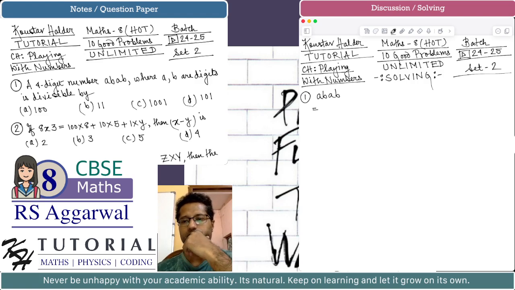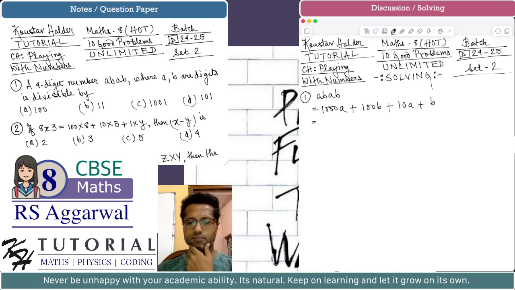If we expand it in the general form, this will be 1000A plus 100B and then 10A and then B. Now if we simplify, adding up the A terms and the B terms, we get 1010A plus 101B.